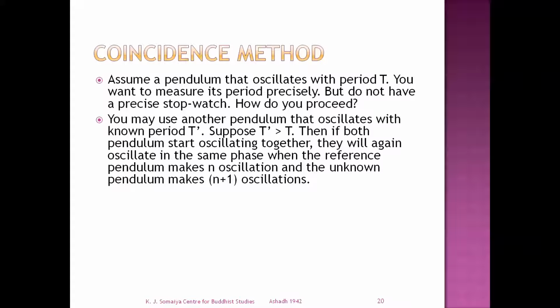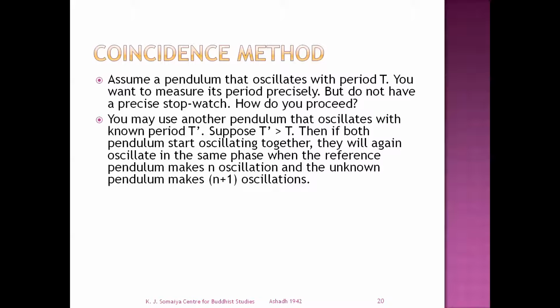You can start both pendulums together. Slowly one pendulum will start lagging behind, and after multiple oscillations, again there will be a time when they will come together. So one can write mathematics, and one can precisely calculate the time period of one pendulum with respect to another pendulum. This is called the coincidence method.